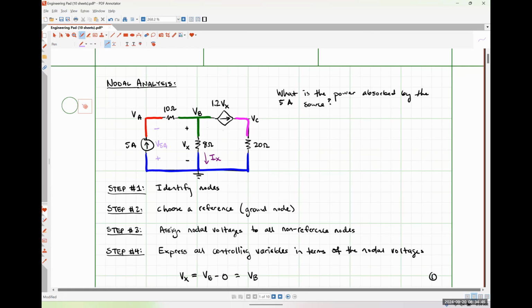I put the positive polarity terminal on bottom so that the current is flowing into the positive polarity terminal, out the negative polarity terminal, specifically because I'm looking for absorbed power. So we know that power should just be the current flowing through the 5-amp source times the voltage drop across our 5-amp source. Well, what's the current flowing through our 5-amp source? 5 amps, because it's a 5-amp source.